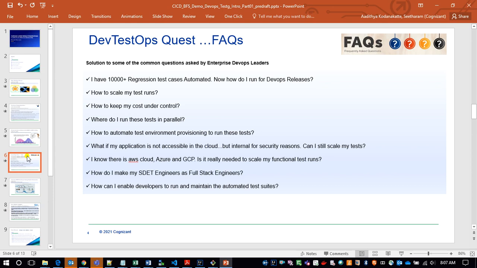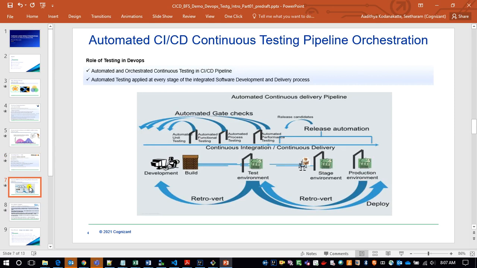Because cloud comes with a cost, right? How do I make my test engineers full stack engineers? How can I enable developers to run and maintain automated test suites, run unit tests, contract tests, and so forth? These are some of the common FAQs that all the DevOps leaders have on testing.